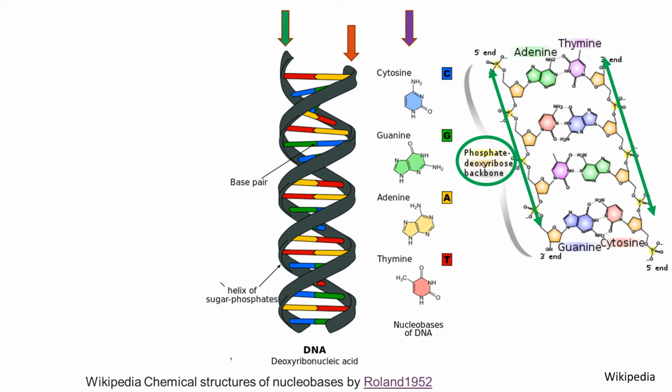As you can see on the right, they always combine adenine with thymine and guanine with cytosine. It always combines that way through the molecular structure.